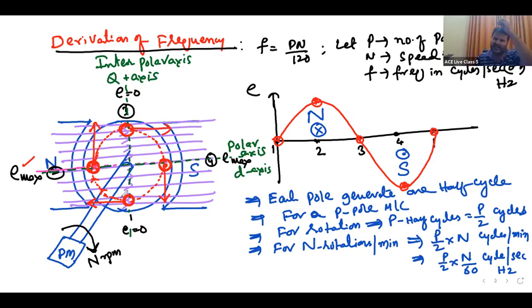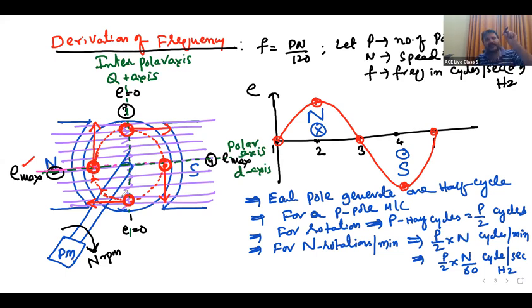Remember that. This is valid everywhere. When the conductor is under the pole, along the direct axis, EMF is maximum. Because the common sense is that when the conductor is at the center of the pole, whether it moves clockwise or counterclockwise, it will cut the flux by 90 degrees.